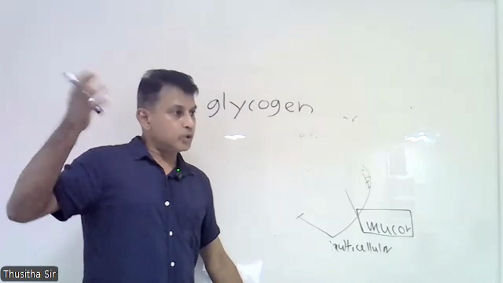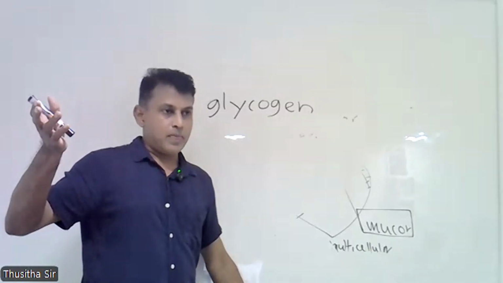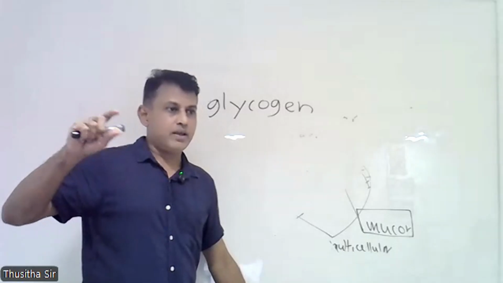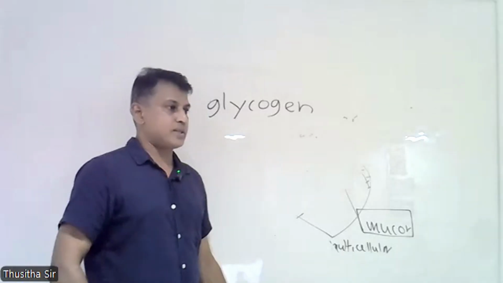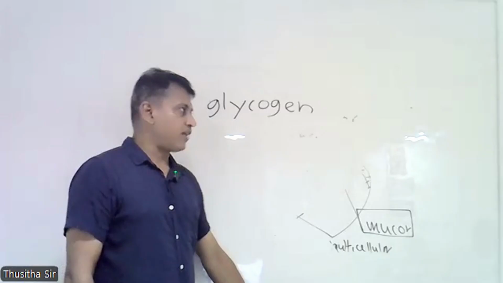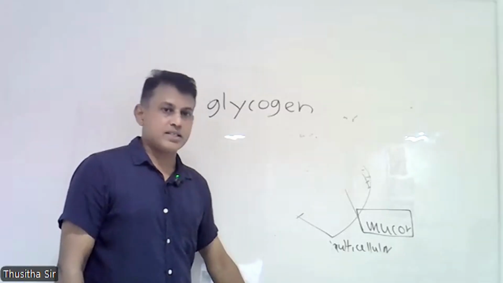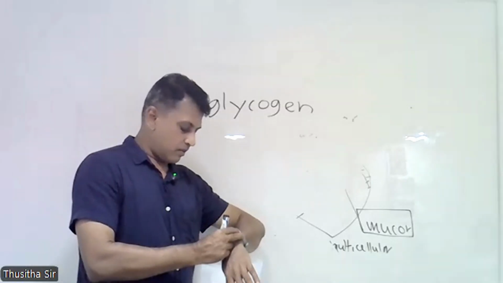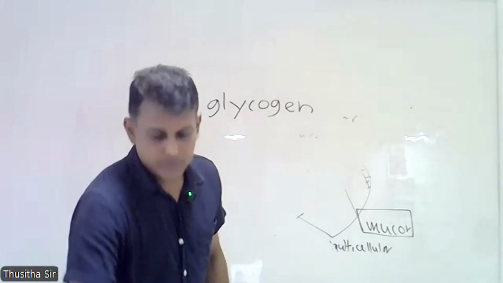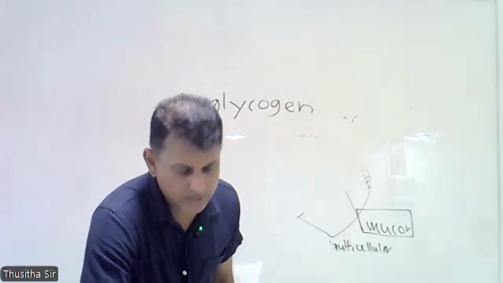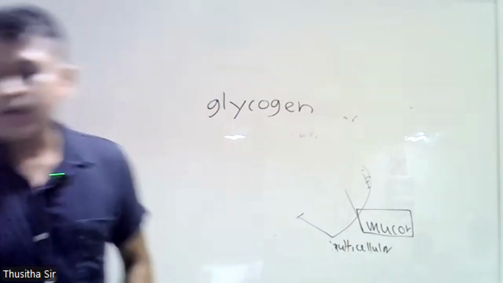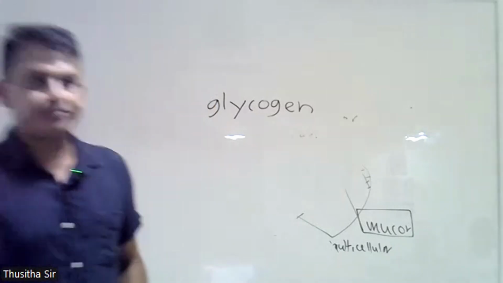Sugar is also a kind of carbohydrate. Glycogen is another form of carbohydrate they store in their cells. The fungi store carbohydrate as glycogen, inside the cells.